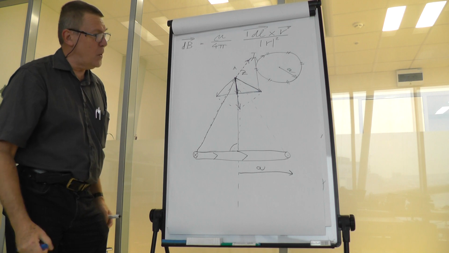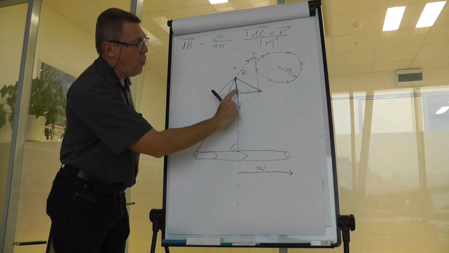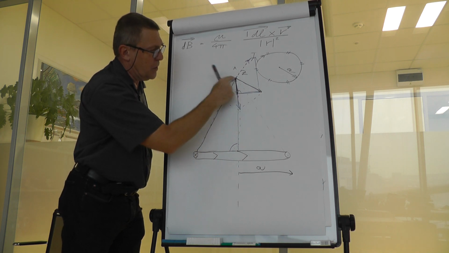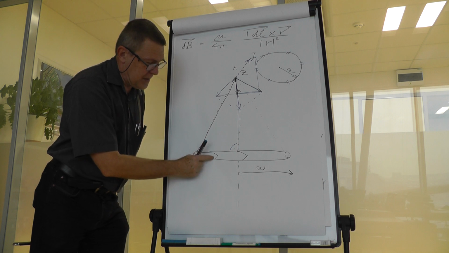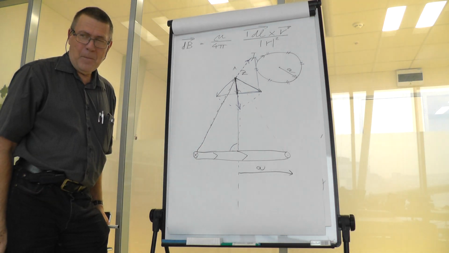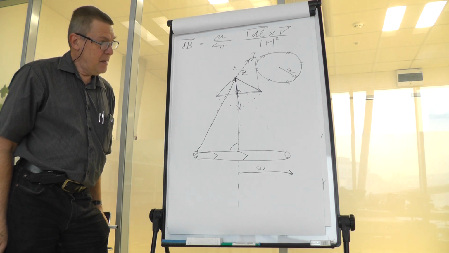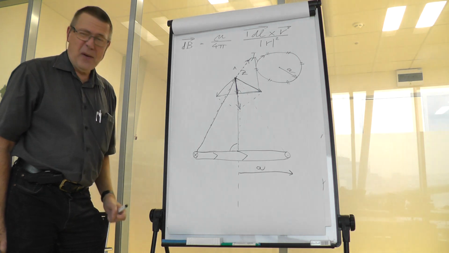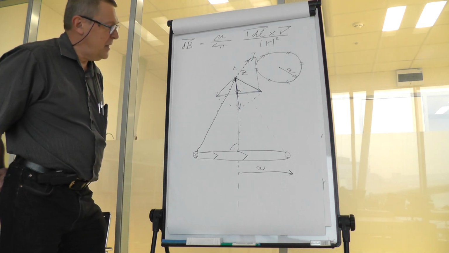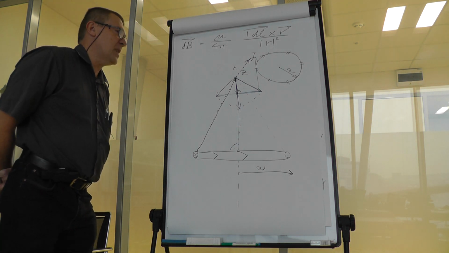Does anybody know how to prove that this triangle has one angle, not the right one, but one of those, which is of the same size as this angle? I will leave 1 minute for you to think it over.